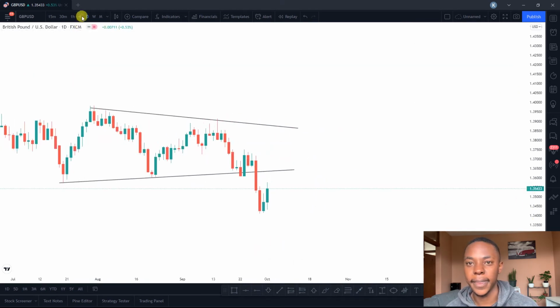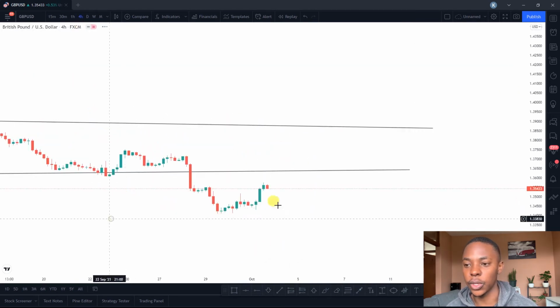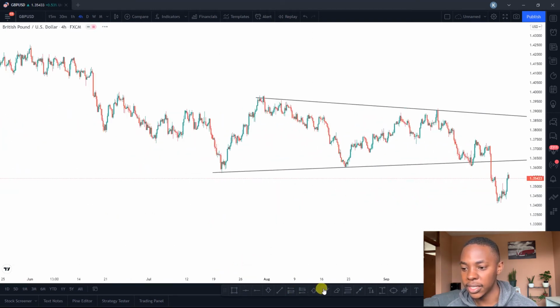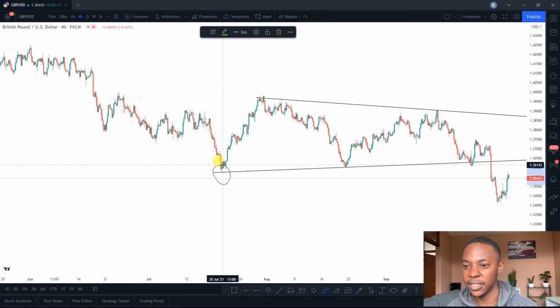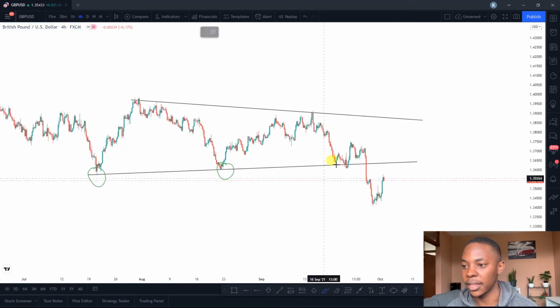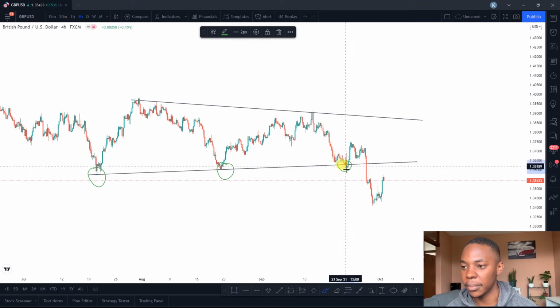So as you can see, switch to a lower time frame, the hourly. As you can see right here, first touch, second touch, and then come here at the third touch. As you can see here, it reversed before that and then came back, made a false breakout, broke back in.